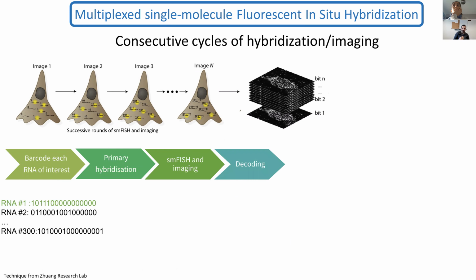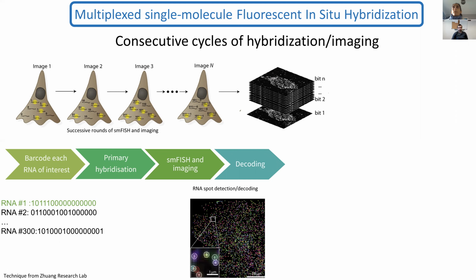At the end of the day, what you have is 16 pictures per section if you go to the confocal. And with these 16 pictures, now you have to perform a decoding. So you have to generate a picture that is going to summarize all these pictures.